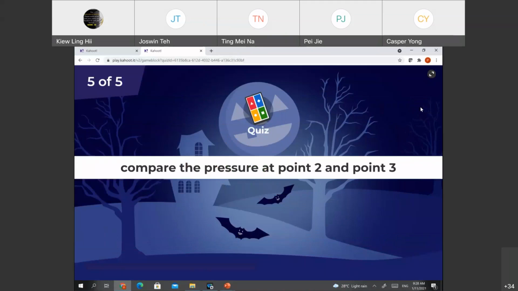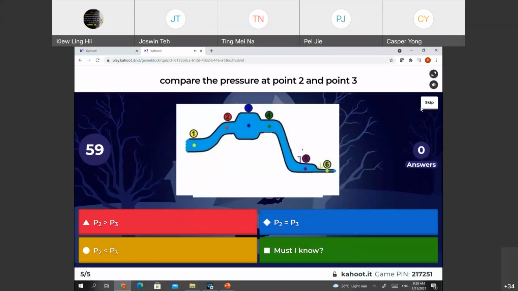Compare the pressure at point 2 and 3. Point 2 is the red point. Point 3 is the blue point.